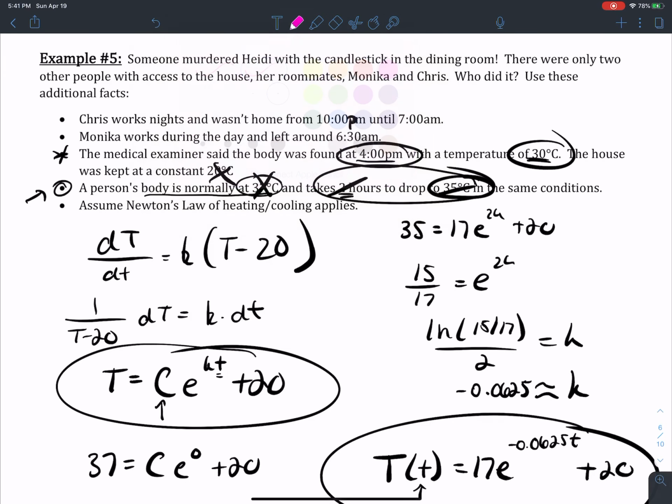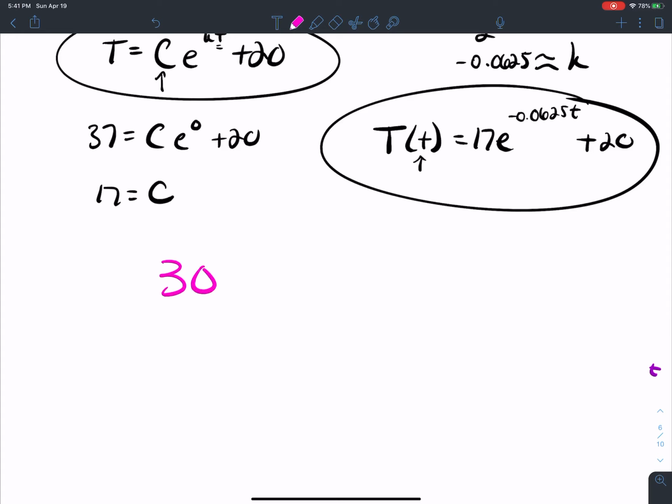We found her body at 30 degrees Celsius. We're plugging that into the model. And here I'm just going to write the decimal approximation, but when I do calculations, I am using the exact value.